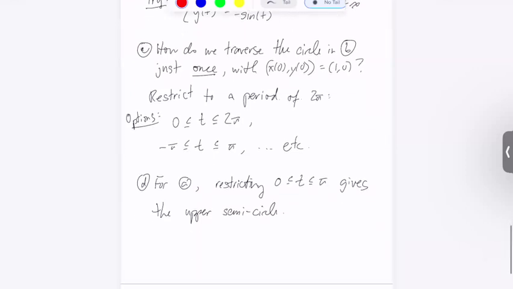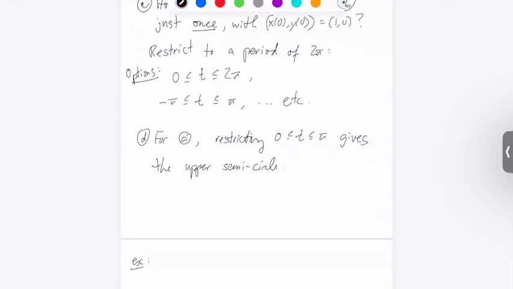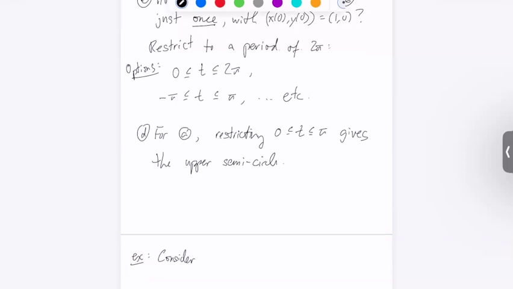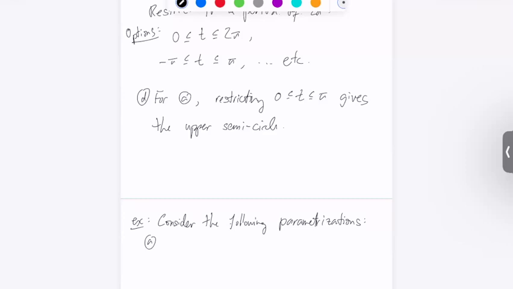Let me conclude today with another exercise. Consider the following parameterizations. A: x and y are equal to t cubed, t squared. B: x and y are equal to t to the 6th, t to the 4th. And C: x and y are equal to e to the minus 3t, e to the minus 2t.